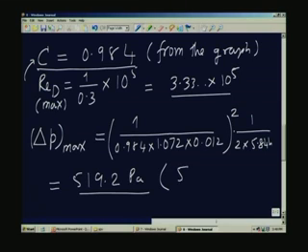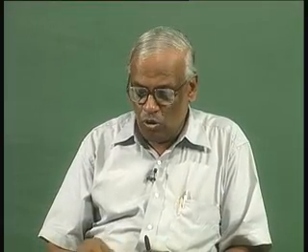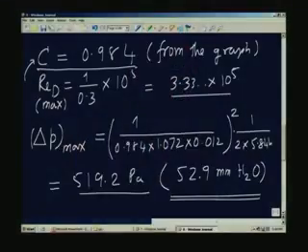It will be 52.9 millimeters of water. You divide by 9.81, that comes to that. So this is the pressure drop, or pressure difference, between the inlet and the smallest diameter section of the Venturi, which is what is measured by the manometer. So 52.9 millimeters of water is what we are going to get.